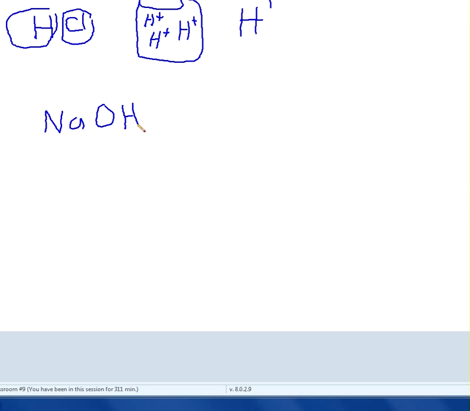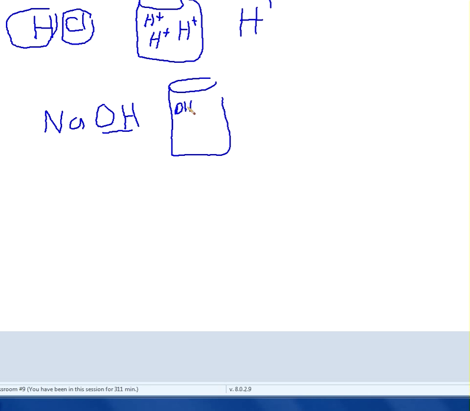It has one atom of sodium, one atom of oxygen, and one atom of hydrogen, making up that one molecule of sodium hydroxide. If you put that in some water, and it's a base, which you can tell because of this here, it'll break apart into the sodium and the OH. So you get the OH, which is a negatively charged ion here.